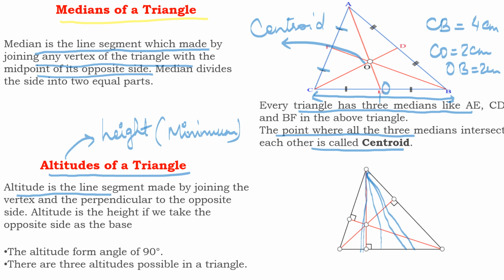Altitude is the line segment made by joining the vertex to the perpendicular on the opposite side. This is the vertex, and from here I am drawing a perpendicular on the opposite side. So this line is called the altitude of the triangle. The altitude always forms an angle of 90 degrees, and there are 3 altitudes possible in a triangle.